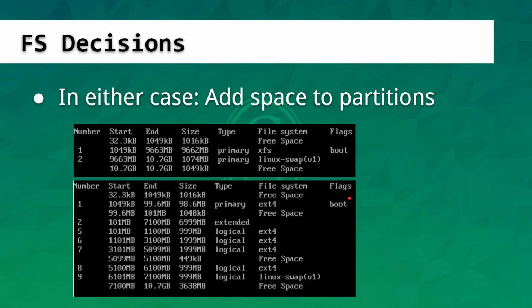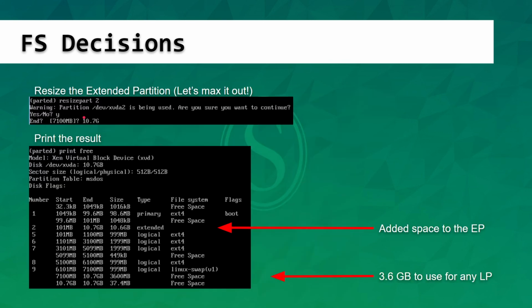If you look at the bottom, it says 3638 megabytes under the size column. That is free space. So we're going to add that 3.6 to the 7.1, and that's where we're going to get this 10.6 gigabyte resize. So after the resize, we've got a 10.6, and now there's just like 37 megs of free space down there.